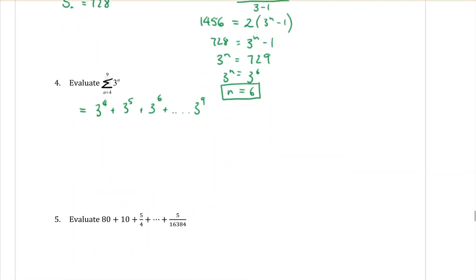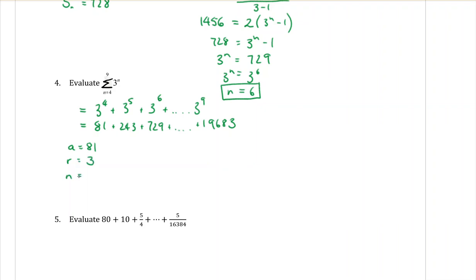Those terms would be 3 to the power of 4 is 81, and 243, 729, plus dot, dot, dot, dot. Okay, and the last one is 19683. So if that is my series, I've got A is equal to 81, R is equal to, what do you think? 3.